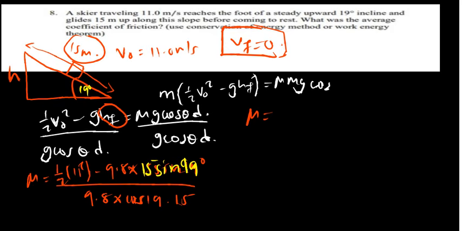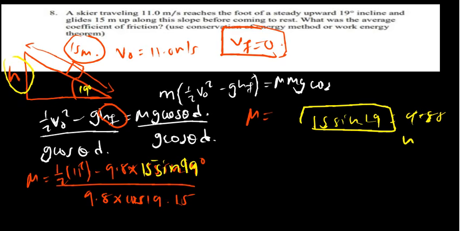For you to get this h, we have said that it's going to be 15 sin 19. So isn't it 4.88? Yes, I've just replaced where there is h with 15 sin 19. It's the same thing. Tell me the answer you're getting, guys.